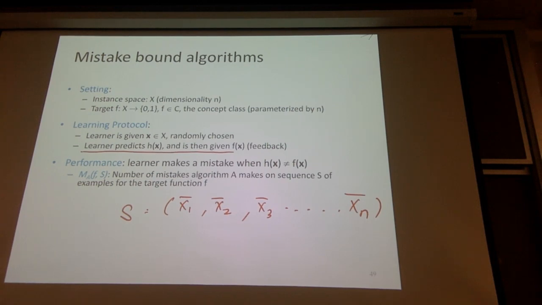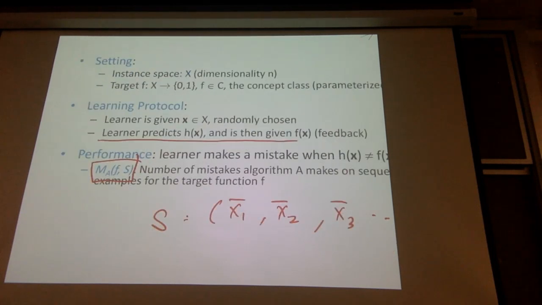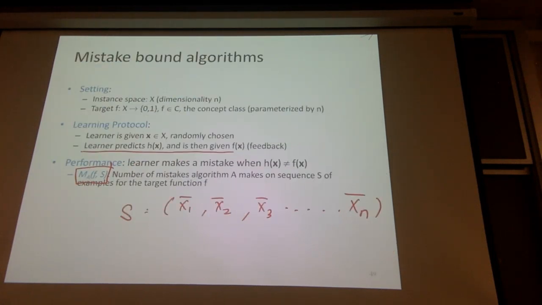So I'm going to define M_A(f, S) to be the number of mistakes that algorithm A makes on a sequence S for the true function f. It's just the number of mistakes made when the true function is f.